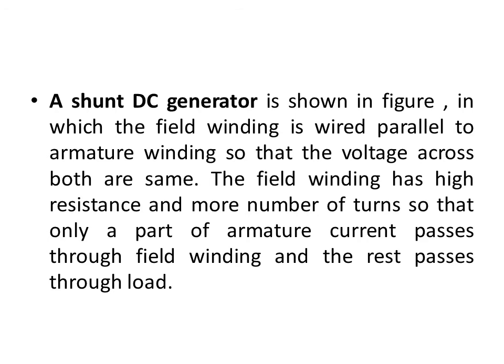Here the field winding is wired parallel to the armature winding so that the voltage across both is the same. The field winding has high resistance and many turns, so only a part of the armature current passes through the field coil and the rest passes through the load.